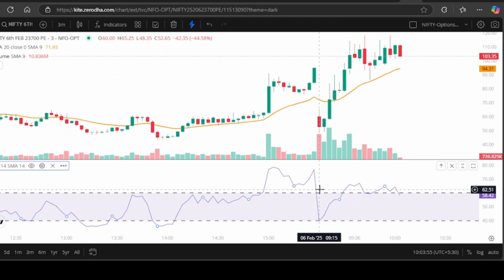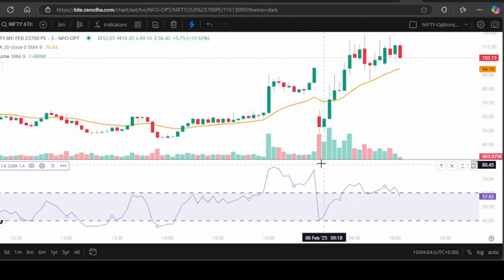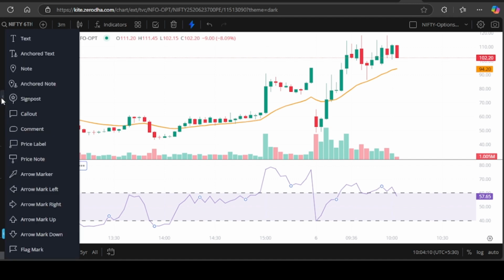A very basic thing that you need to look for is the market on the previous day, that is 5th Feb. It closed above the upper limit 60. Let me mark that for you.